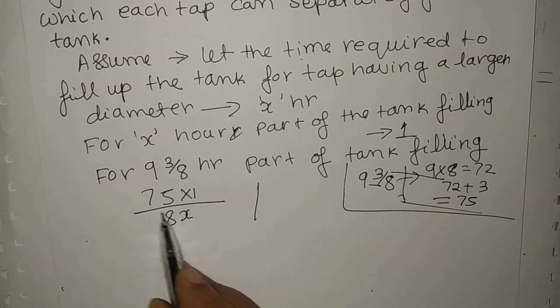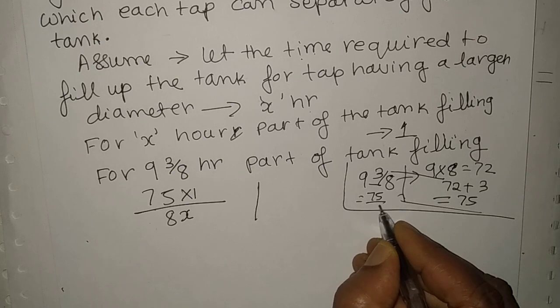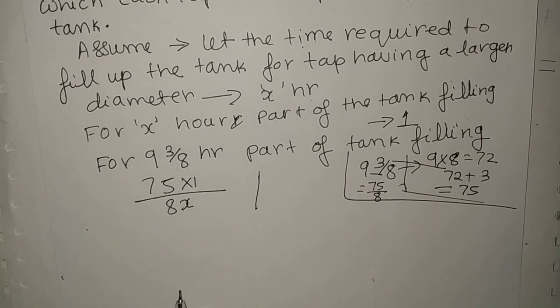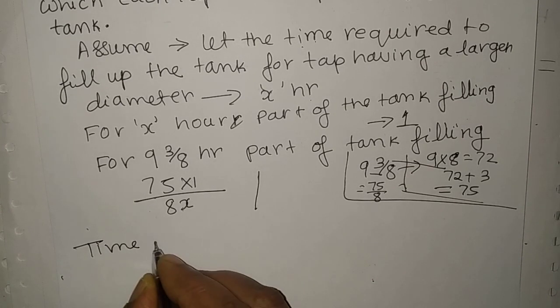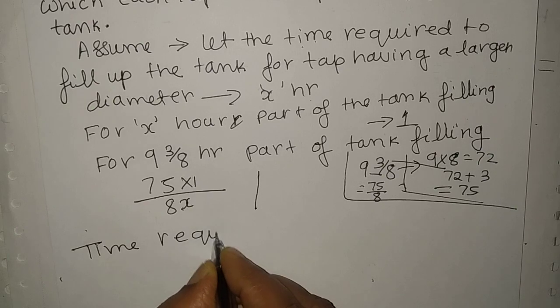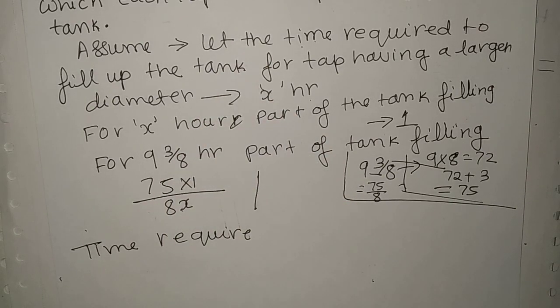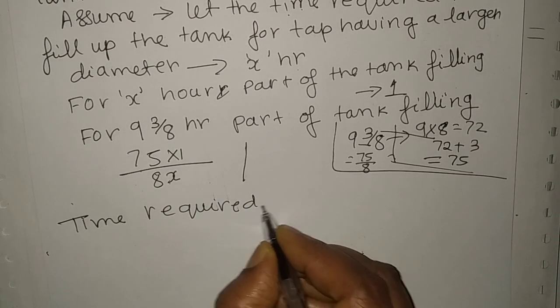Therefore it is written as 75 by 8. So 75 by 8 into 1. Then time required for the smaller diameter. This is the calculation for the bigger diameter tank. Now we'll take the smaller diameter.